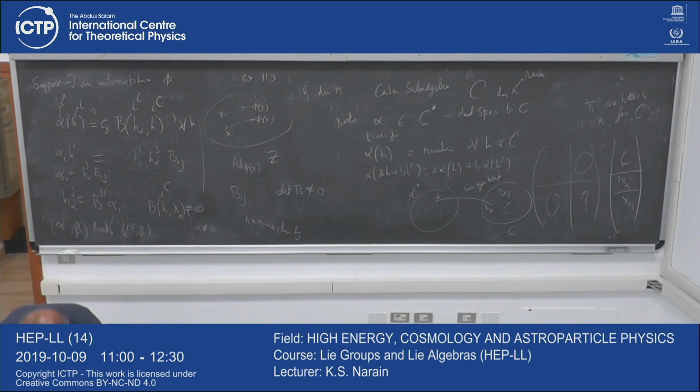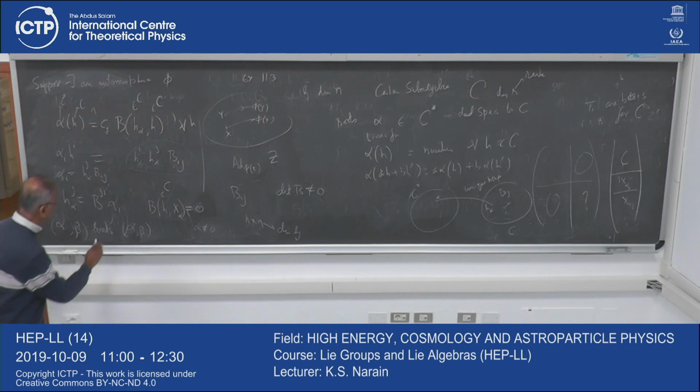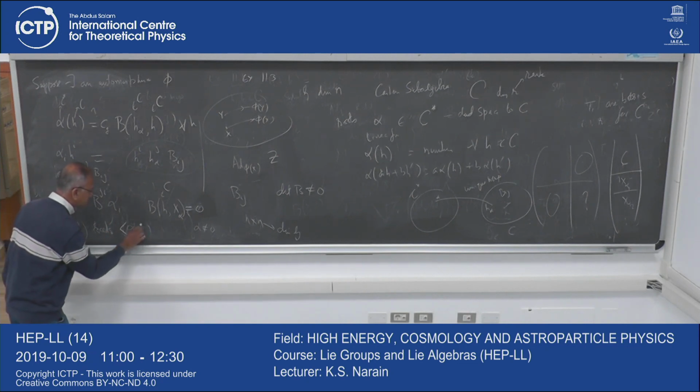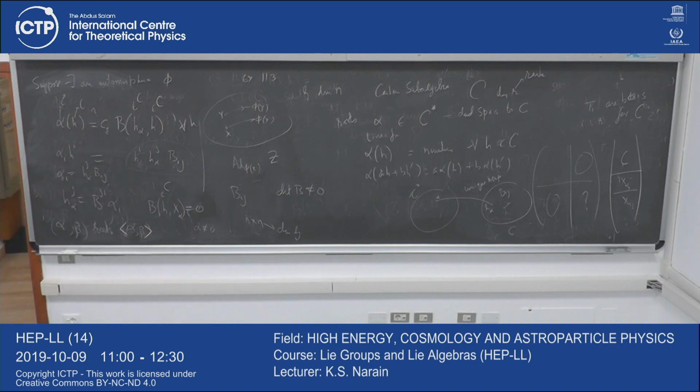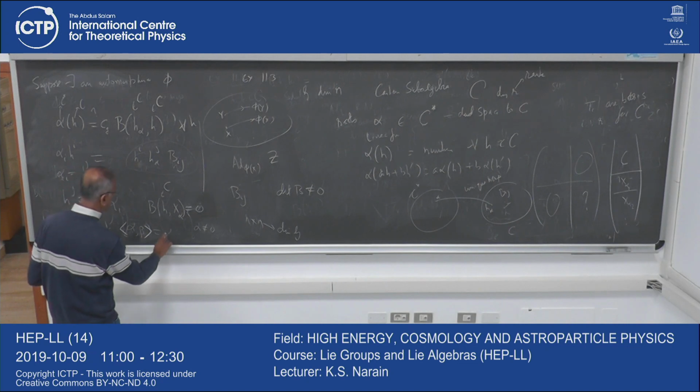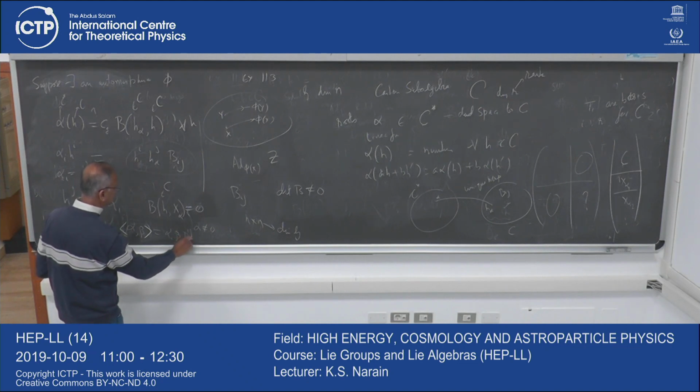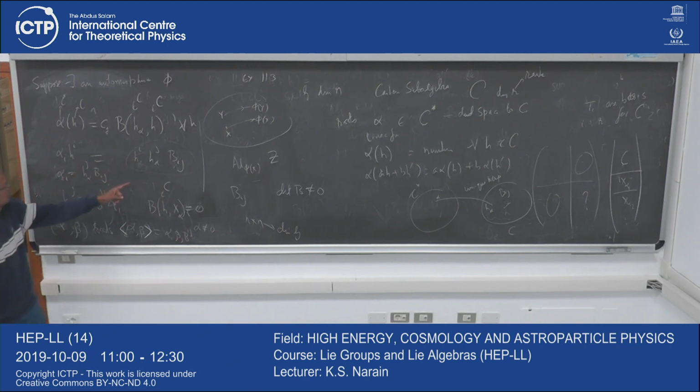The notation that we are using is this notation, bra and ket. It's just an inner product between alpha and beta, which can be just expressed as alpha I, beta j times Bij. So Bij is the inverse. What did I do here? Yeah, so this inverse, upper index.